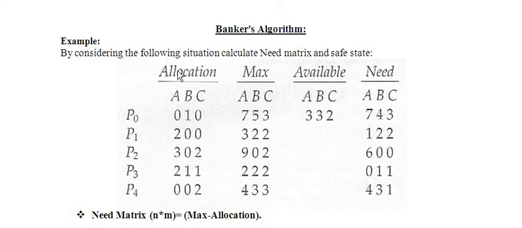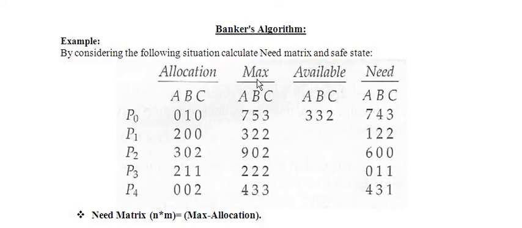By using this data we have to calculate the need matrix and the safe state for this particular situation. Here we have 5 processes, P0, P1, P2, P3, P4, and there is an allocation table, then the max table, then the available table. I will let you know how to calculate.